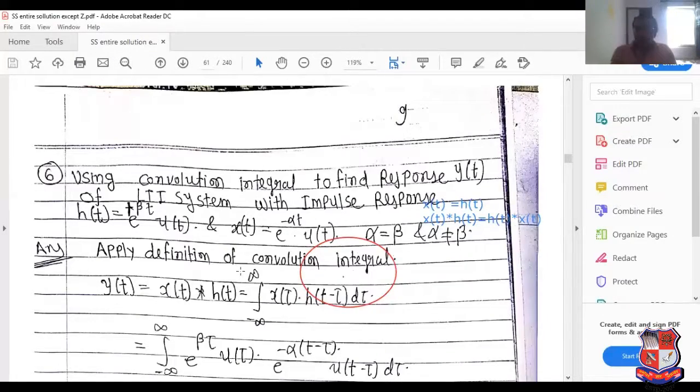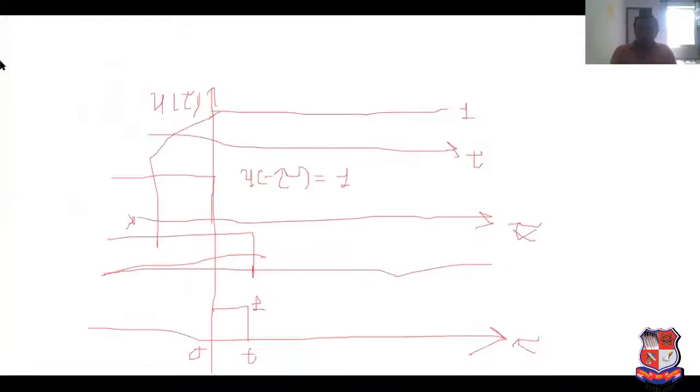For further examples, we will discuss in the next lecture. In the next lecture we will also discuss the properties related to the convolution integral. Basically there are 3 properties: commutative, associative, and distributive.